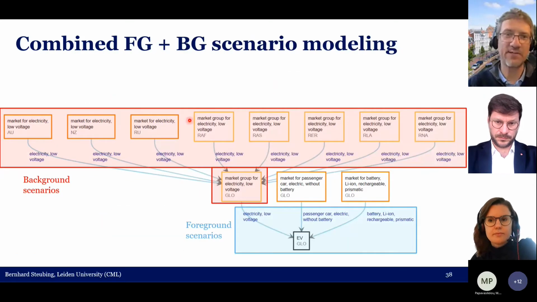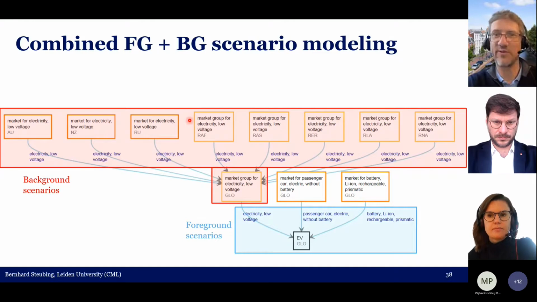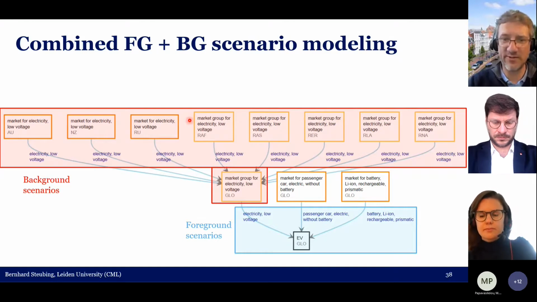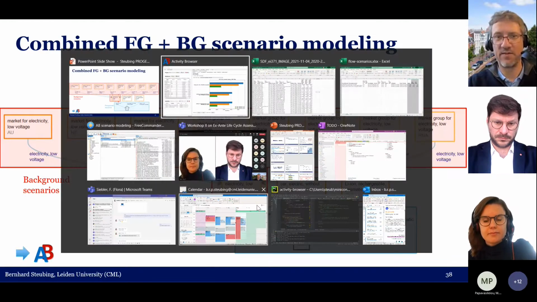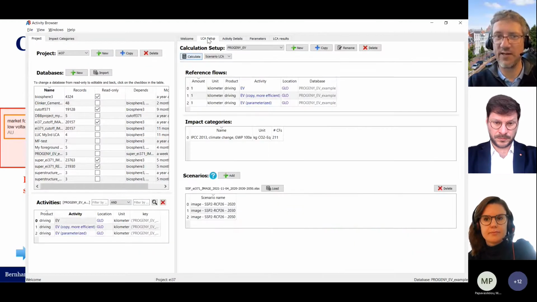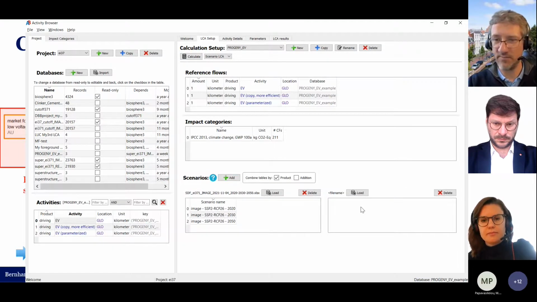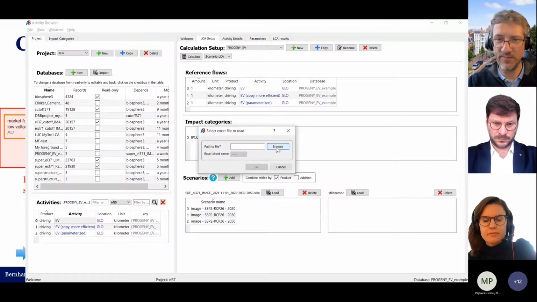Now, can we actually also combine foreground and background scenarios? Yes, we can. We can do that by simply adding another scenario file. I get the second load option here.